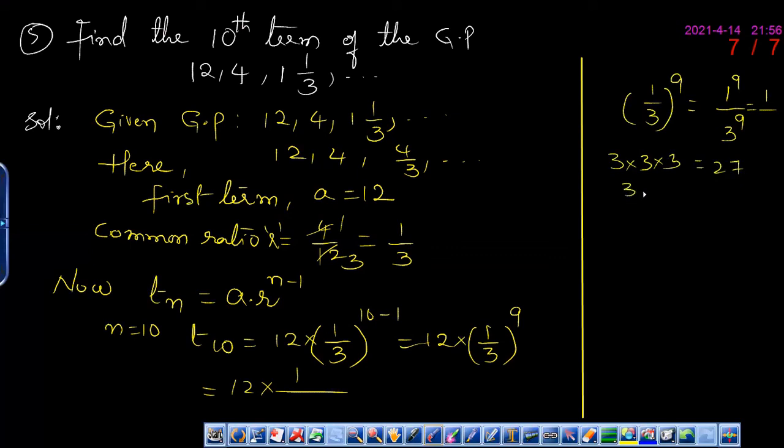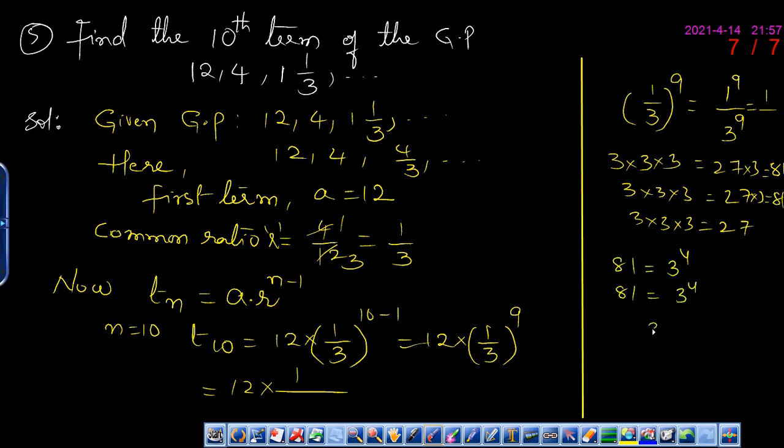If you add one more 3, what do you get? 81. 81 is 3 power 4.